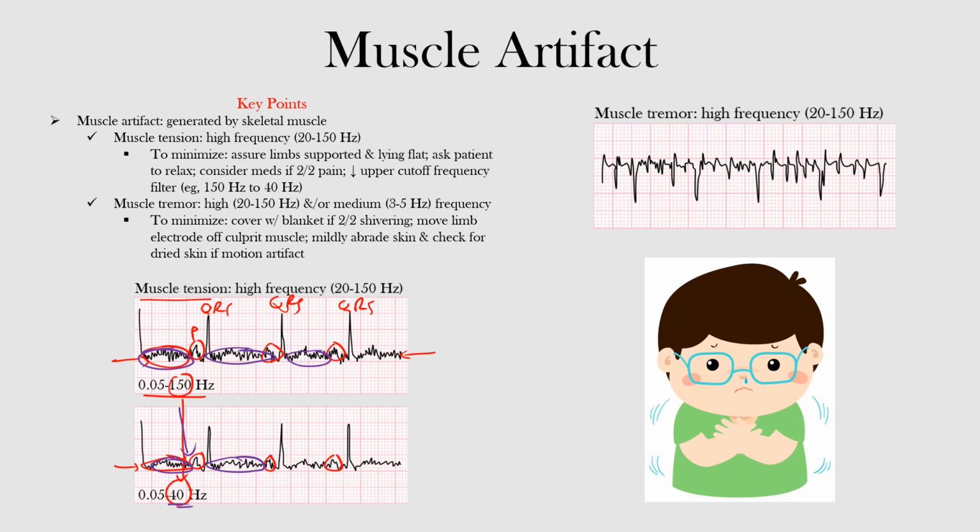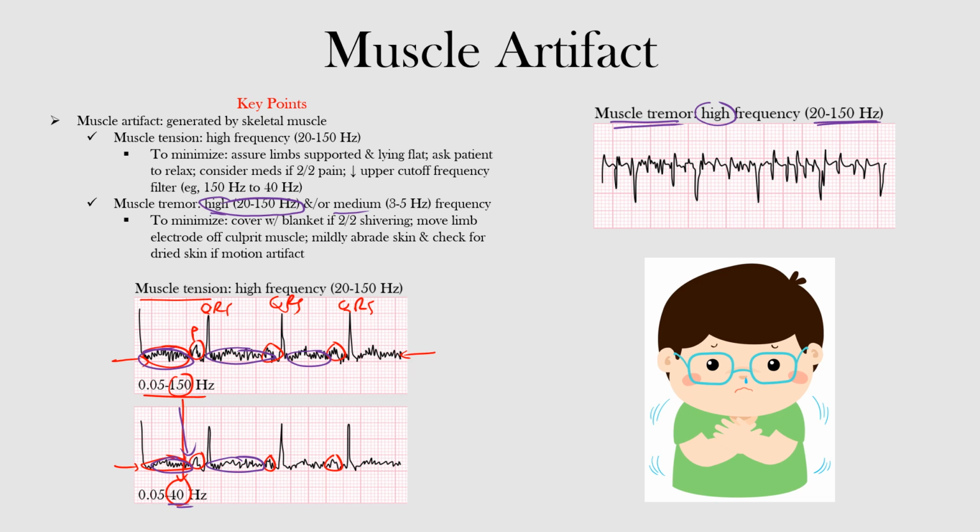So this muscle tremor artifact is more of a high frequency one. We say high or medium, meaning it's from about 3 to 150, mostly a high frequency, as you can see here. Notice that it's a lot harder to make things out compared to that with the muscle tension.